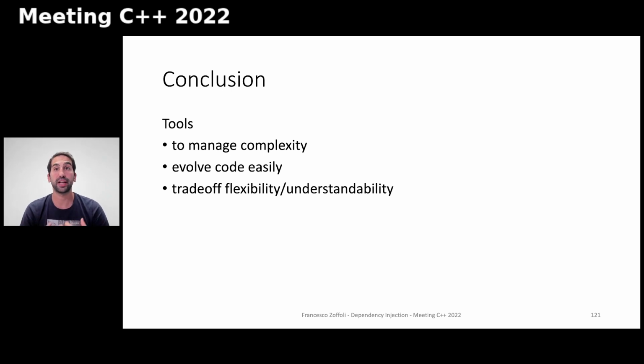They are tools to manage complexity, but you need to be aware of it, because evolving code which takes parameterized dependencies is easier, but also more complex to understand. You also need to be careful when applying this concept because you want to make sure that the complexity they introduce pays for itself. Usually there's a trade-off between flexibility and understandability in the solutions that you take.